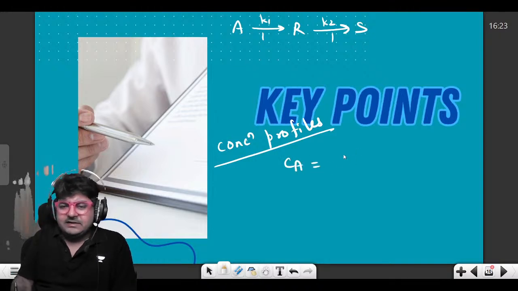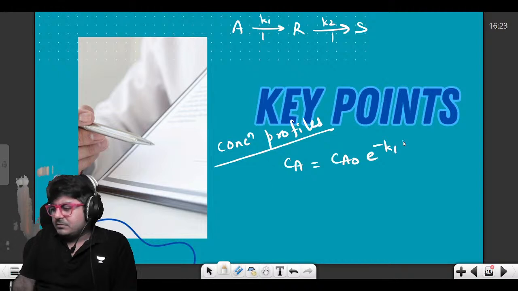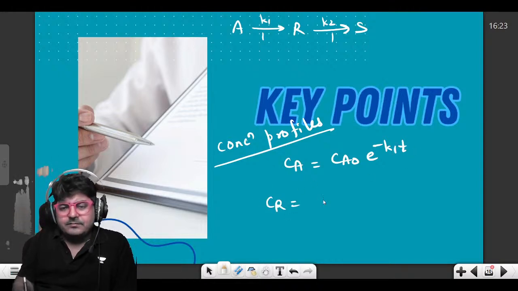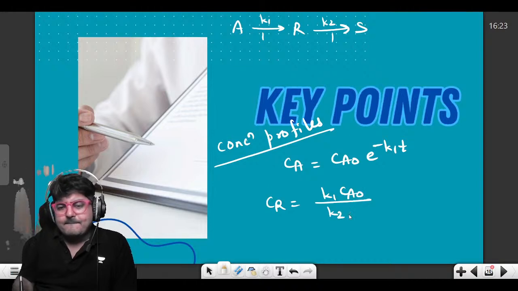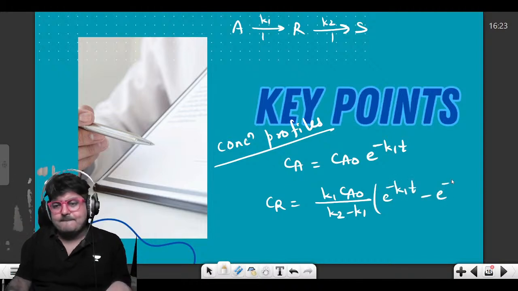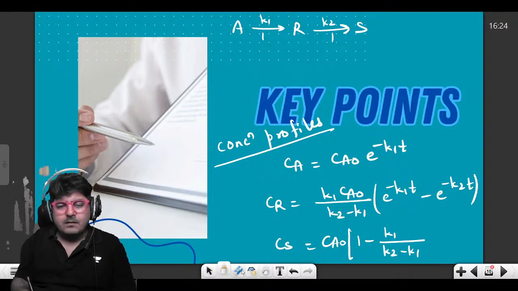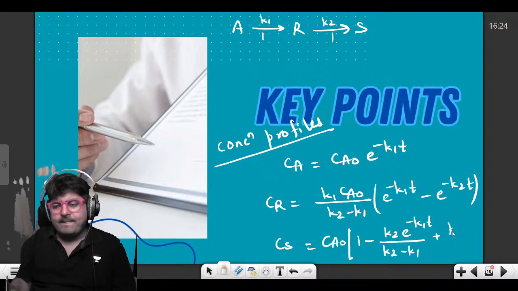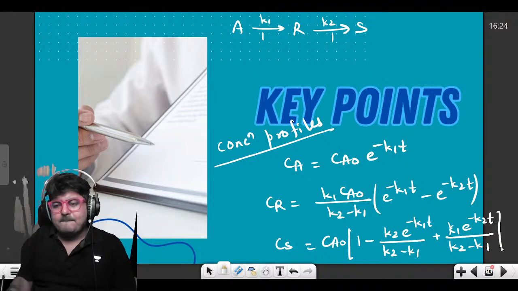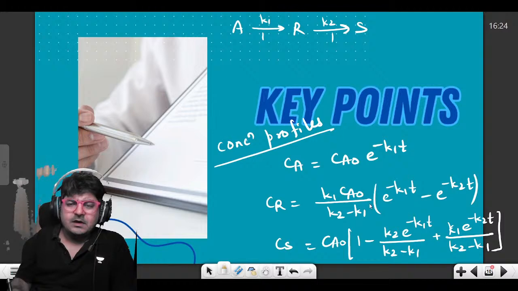For A I write together, for R, and for S. These will be the concentration profiles or kinetic equations.